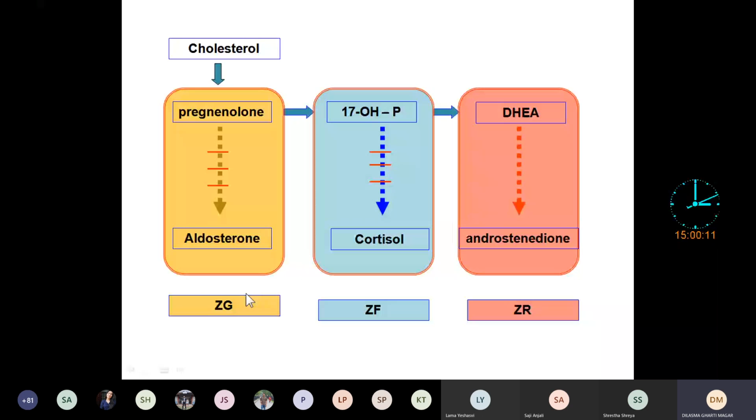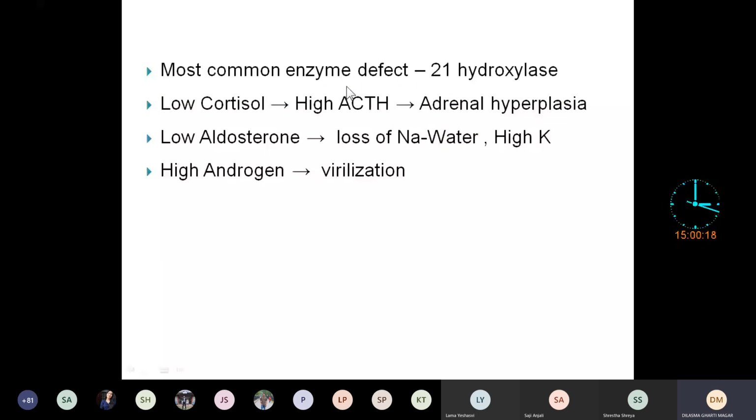So now here the most common enzyme defect is the 21 hydroxylase. So here there is a 21 hydroxylase deficiency, understood here. So that's why there is a low cortisol. The same thing I'm repeating, low cortisol. That's why there is the increased ACTH secretion, and so it will lead to the adrenal hyperplasia. So in case of the ACTH, what happens? ACTH will act on the adrenal gland, so it will lead to the adrenal hyperplasia, and then the low aldosterone.